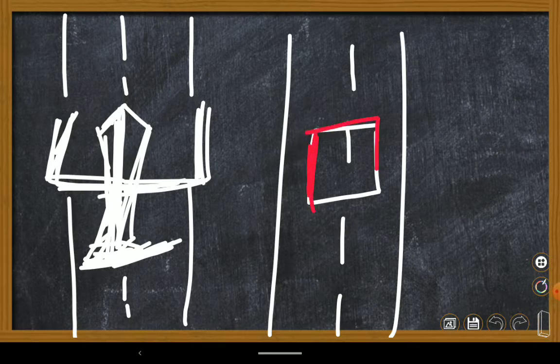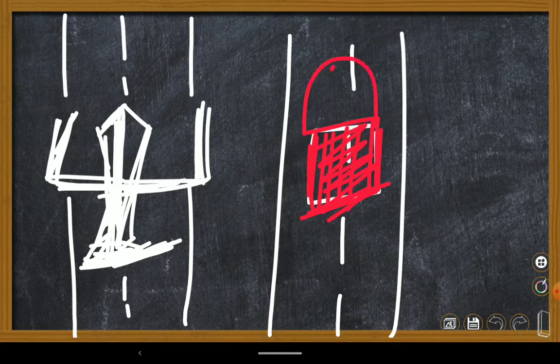The red color is the top view of the Ferrari standing on the runway.